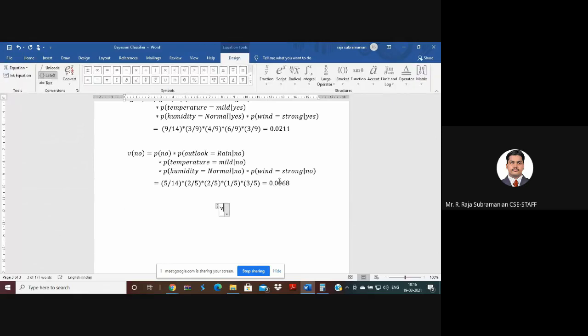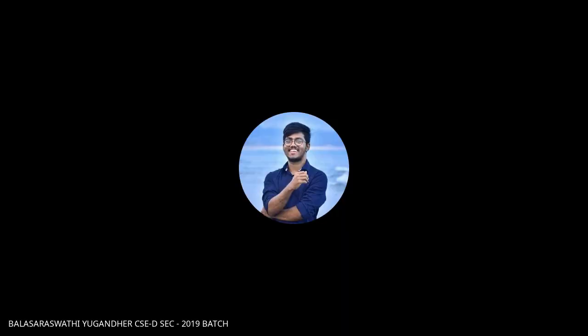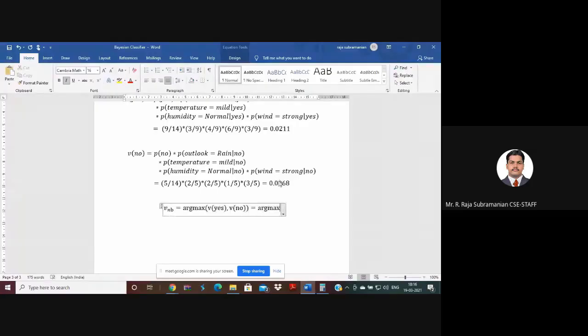The V naive Bayes classifier will be equal to argmax of V of yes, comma V of no. So I'll be taking argmax of 0.0211, comma 0.0068. Comparing 0.0211 and 0.0068, 0.0211 is the highest.